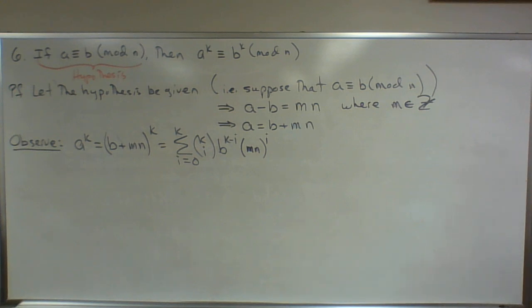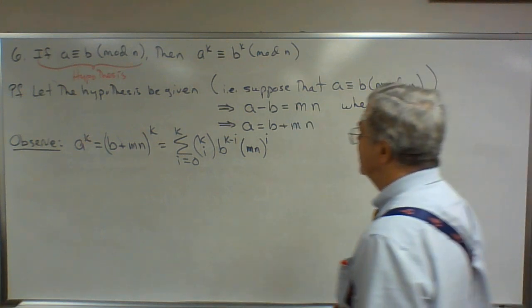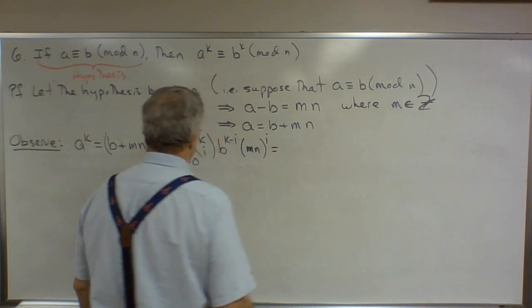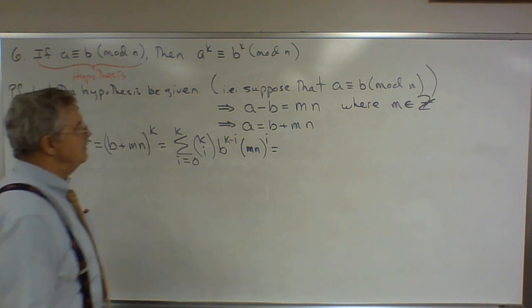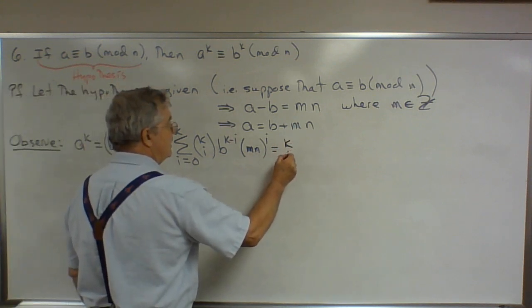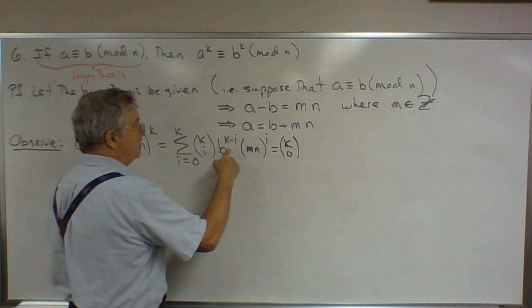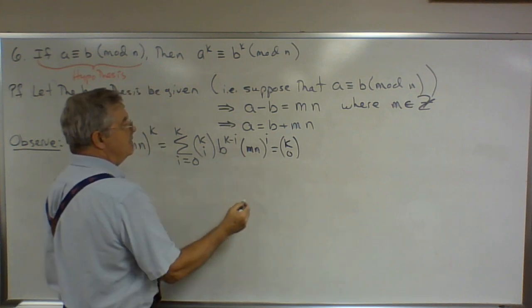Okay. Holy moly. And let's see what we got. When i is 0, we have k choose 0, B to the k, mn to the 0.